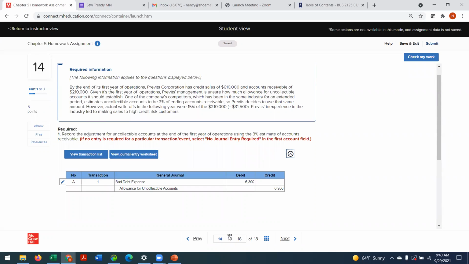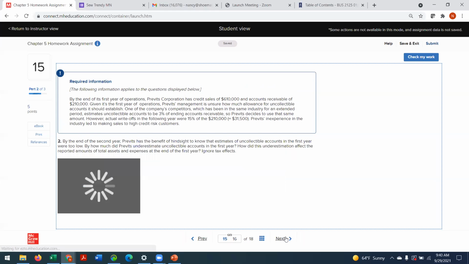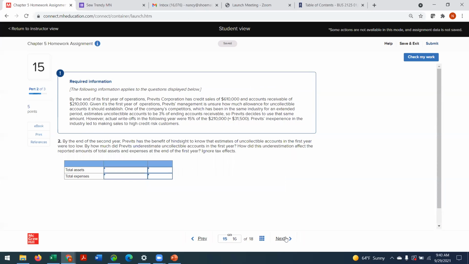But the problem was the actual write-offs were 15%. So by the end of the second year, Previtz has the benefit of hindsight to know that the estimates of uncollectible accounts in the first year were too low. By how much did Previtz underestimate uncollectible accounts in the first year? And how did this underestimation affect the reported amounts of total assets and expenses at the end of the first year?